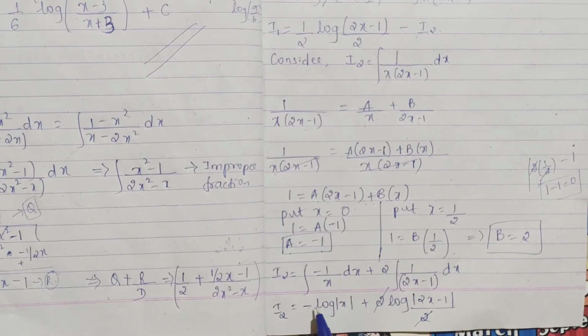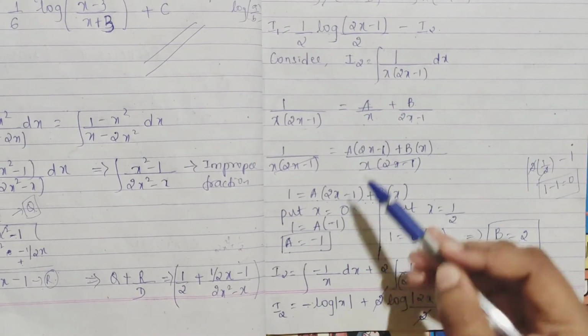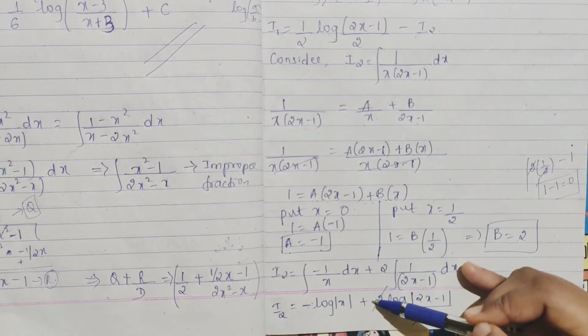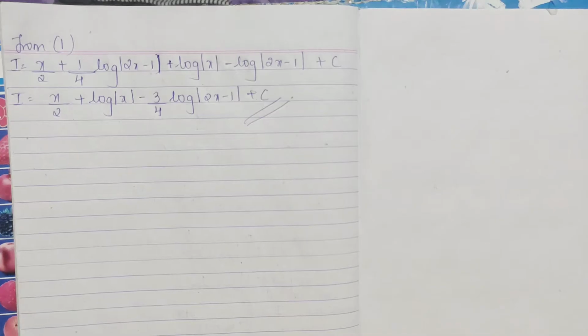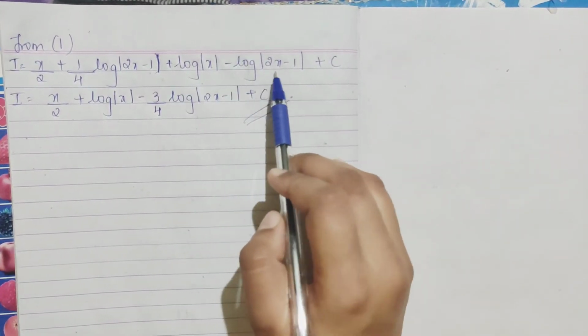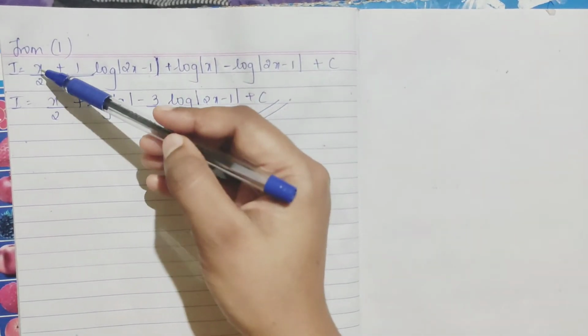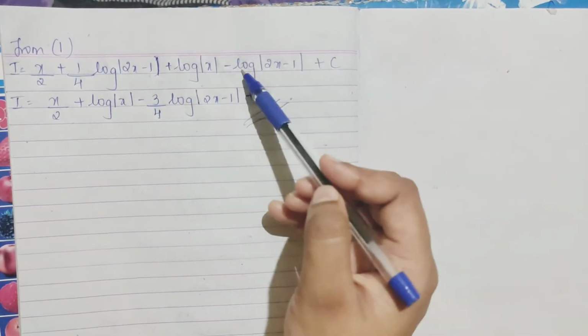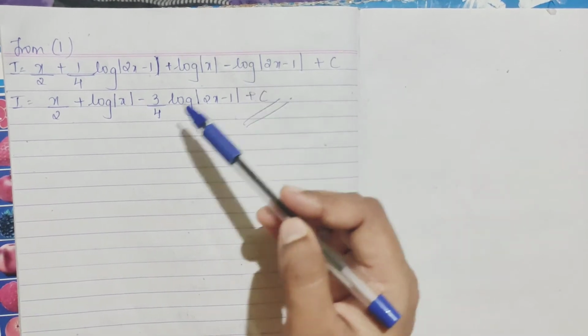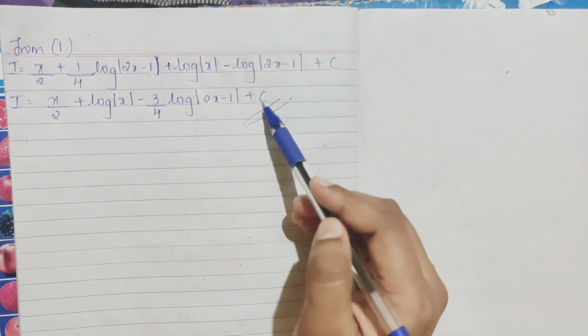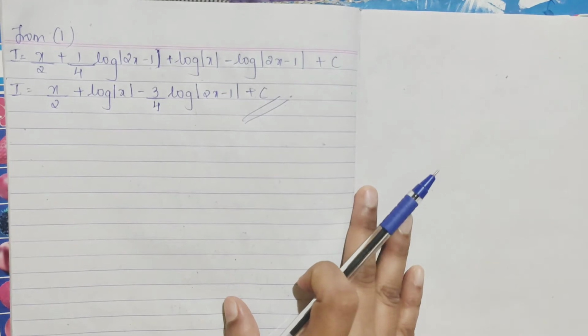So minus minus this becomes plus, and minus into plus this becomes minus. So you will get plus log mod x minus log mod 2x minus 1, your integration constant. We have just arranged x by 2 and this 1 by 4 minus 1, you will get 3 by 4 log 2x minus 1 plus c. So this ends your problem.